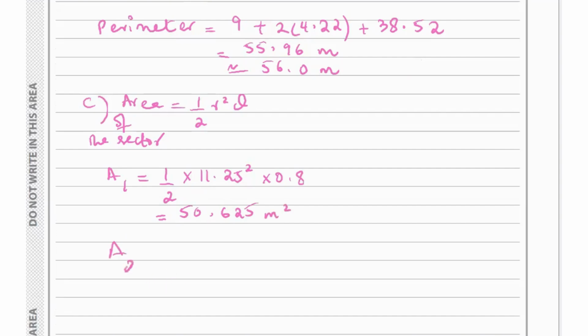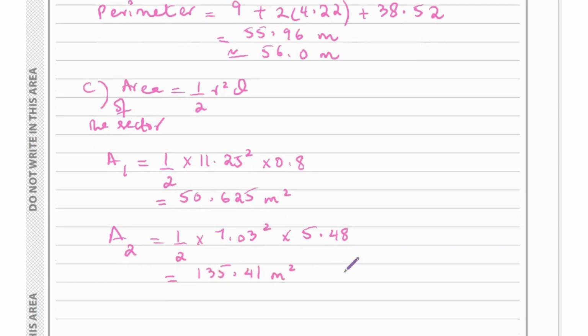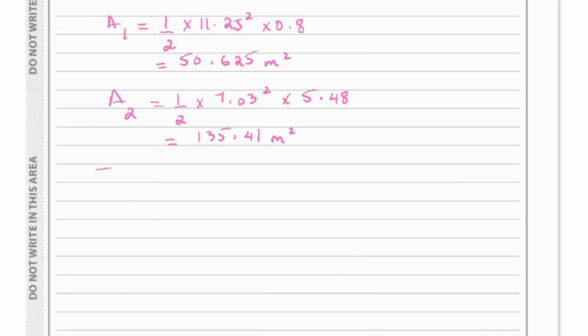Then the area of the sector from the circle is going to be 1 over 2 times 7.03 squared times 5.48. That gives us a value of 135.41 meters squared. So we add it up.